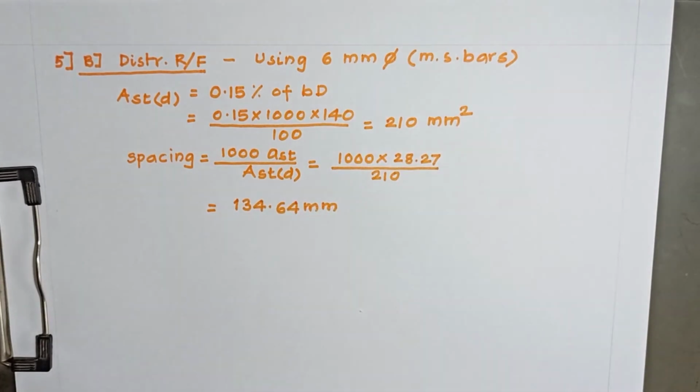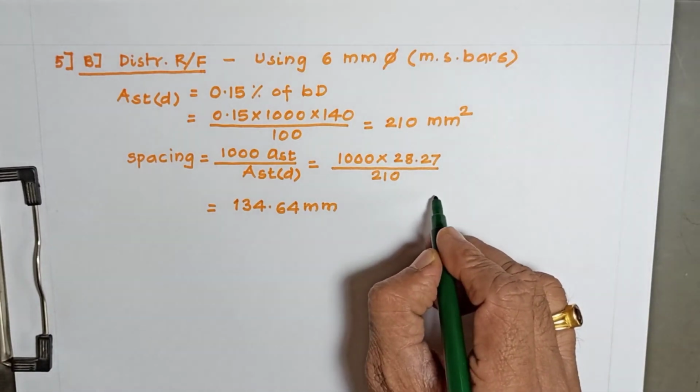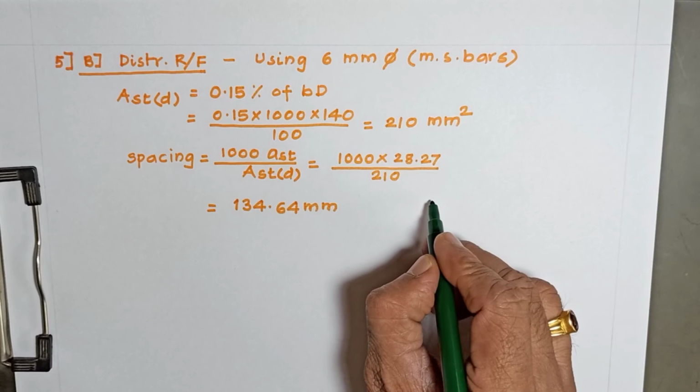Now, like main steel, we will have to apply the check for maximum spacing for distribution bars also. From page 36, I have shown you clause number 26.3.3 B2, what is the maximum spacing?